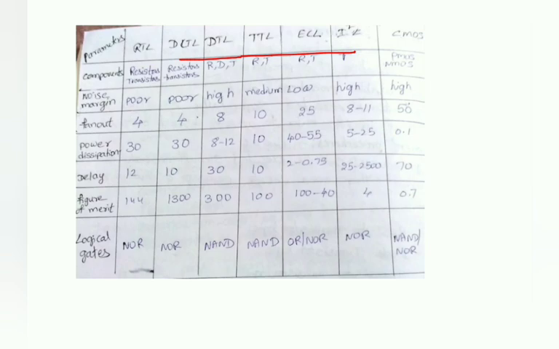This type of question will repeat frequently in the UGC NET exams. So remember this table and you will get some questions on emitter coupled logic or RTL, CMOS like that. We will check this table in the next questions.